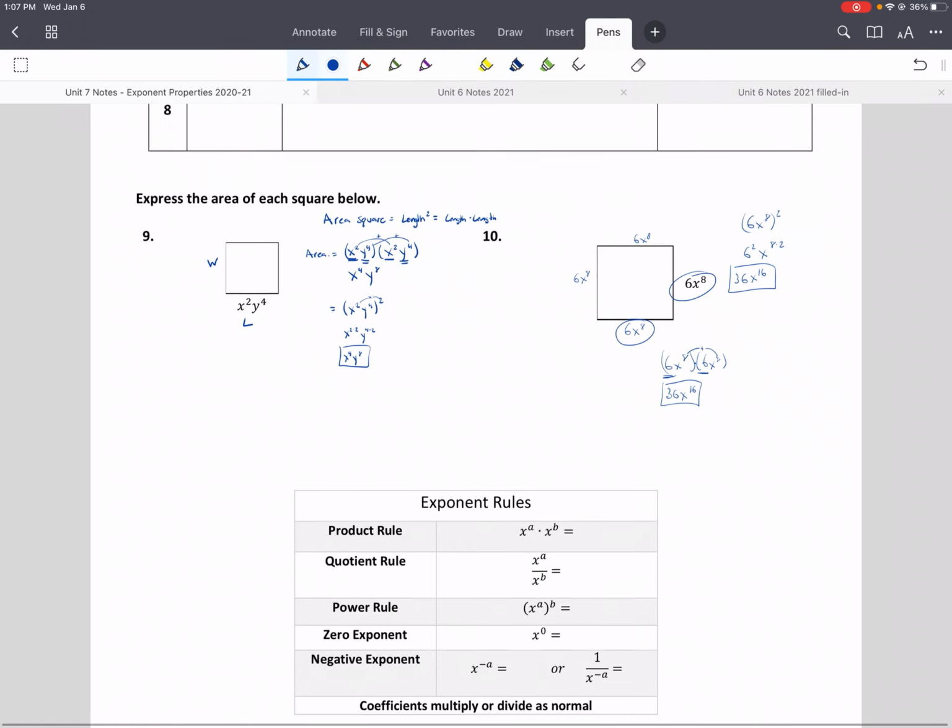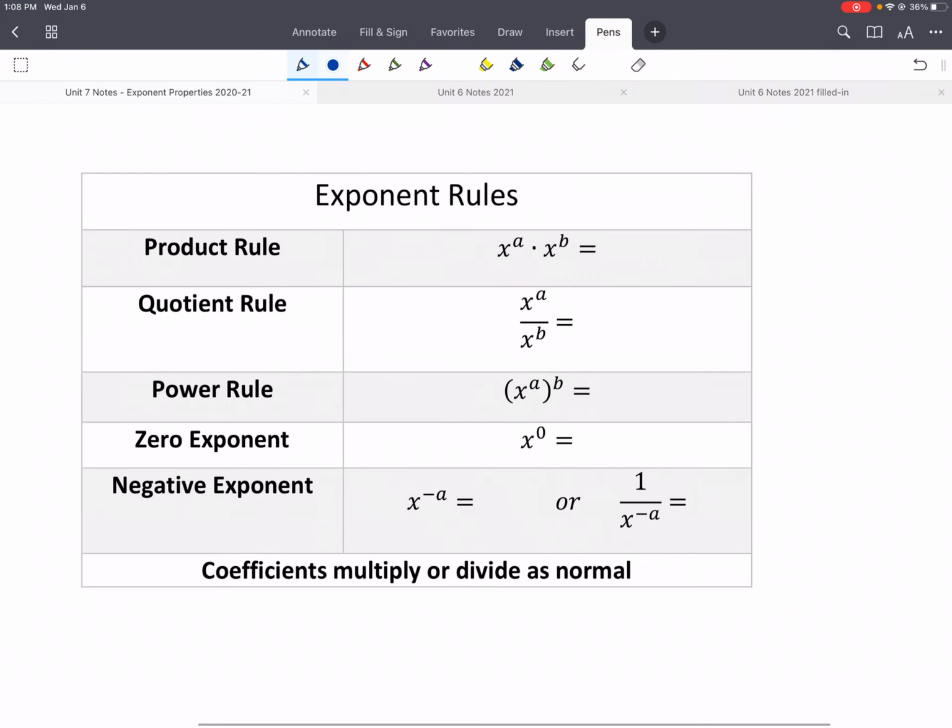All right, so here's just a recap of all the exponent rules that we've covered. If we're multiplying like bases, that means we would add those exponents. If we're dividing like bases, then we subtract. It's always top minus bottom. Power to a power, or exponent to exponent, we multiply a times b. 0 exponent, that would be 1.